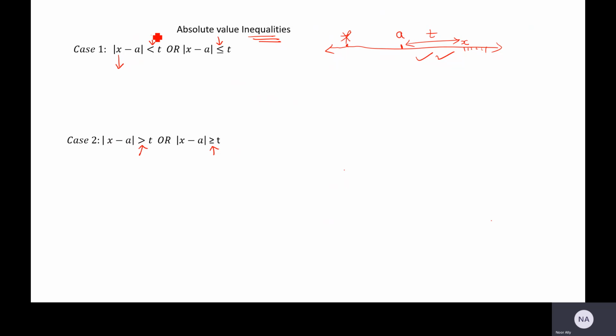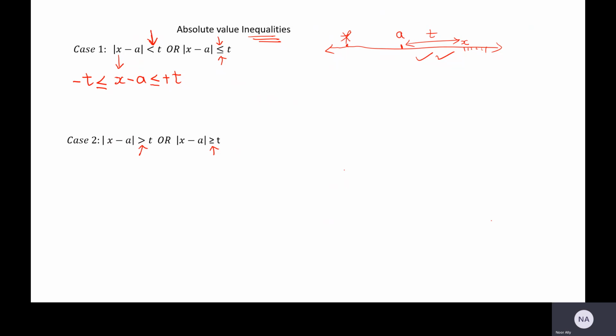All you have to do when it's a less than sign, then you drop the absolute value and you say it's less than the positive of the right hand side or greater than the negative of the right hand side. In other words, you generate a double inequality that you can solve. Of course, if it's an equal to sign, then that will just become an equal to sign.